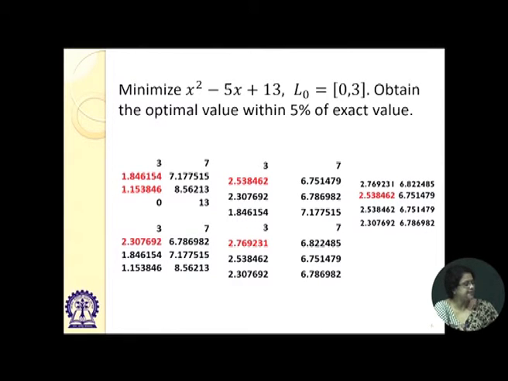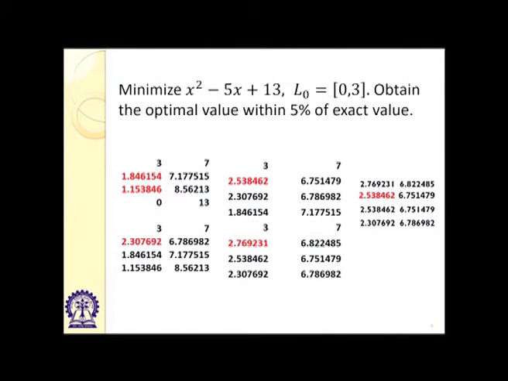In the next iteration, when I am reaching 3 up to this, the functional values are coming 7, 6.78, 7.17 and 8.56. These are the functional values and these are the points within that interval. This was 3, this was the new x3, this was x2, this was x1, all the values are there.